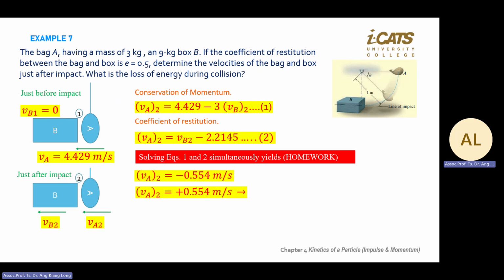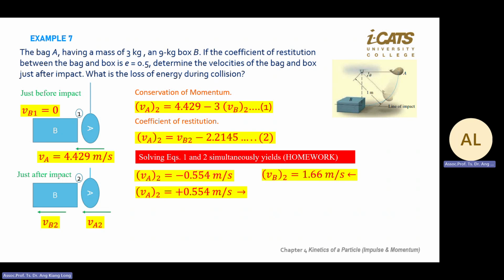You will get these two answers. You will get a negative value. Negative means velocity goes to the right. It's the same meaning. It's just that your diagram is drawn like this, but you get negative, which means it's going that way. VB also the same. VB is this number, 1.66, going to the left.